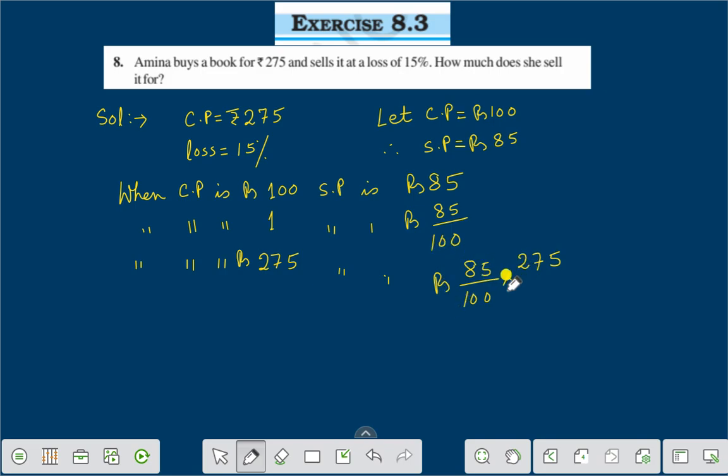If we cut this by 5, 5 7 35, again 5 4 ja 20, it is 5, 5 5 ja 25.